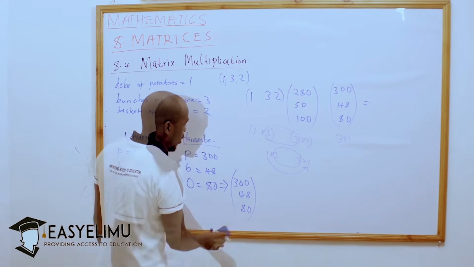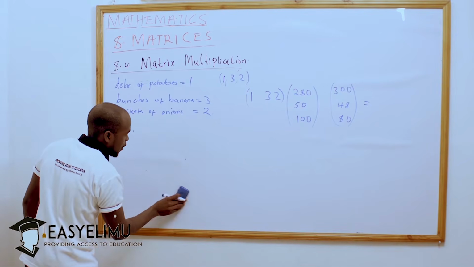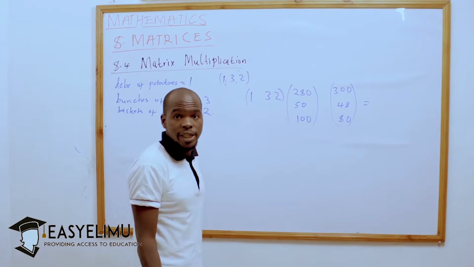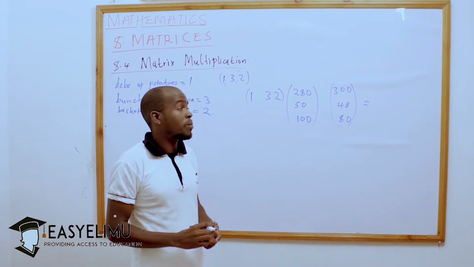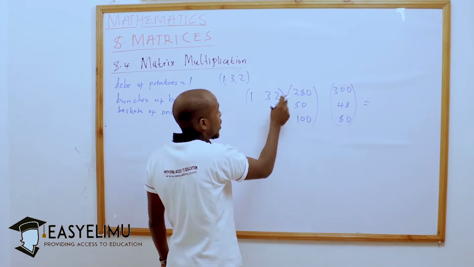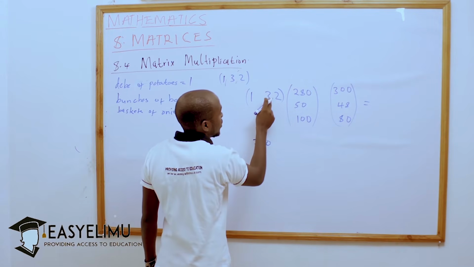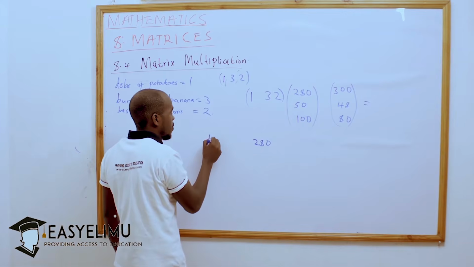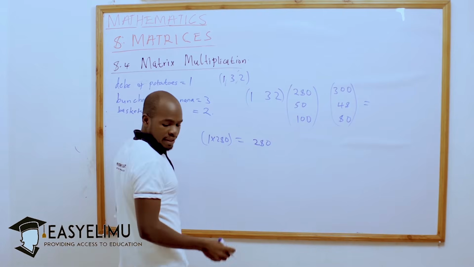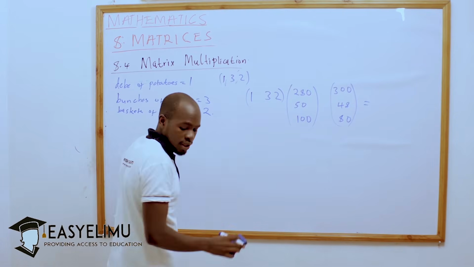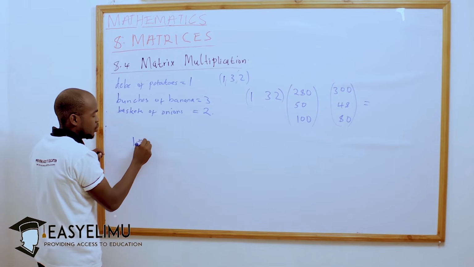On working it out, remember in multiplication we take a row, then multiply by the corresponding column. So we have 1 multiplied by 280, which gives 280.